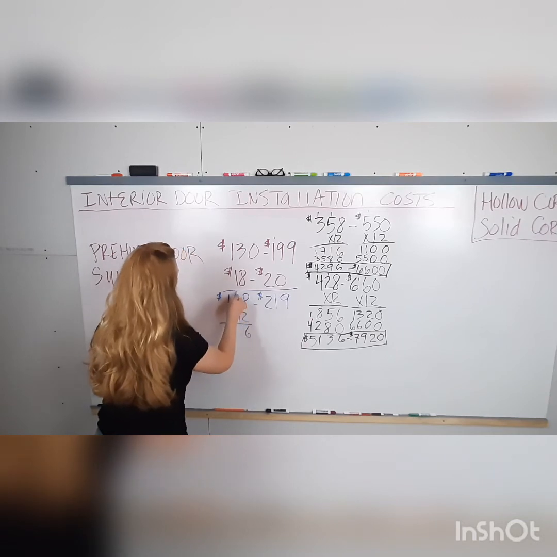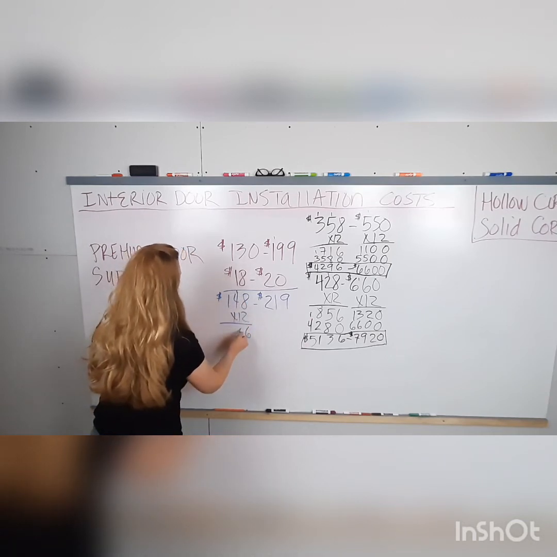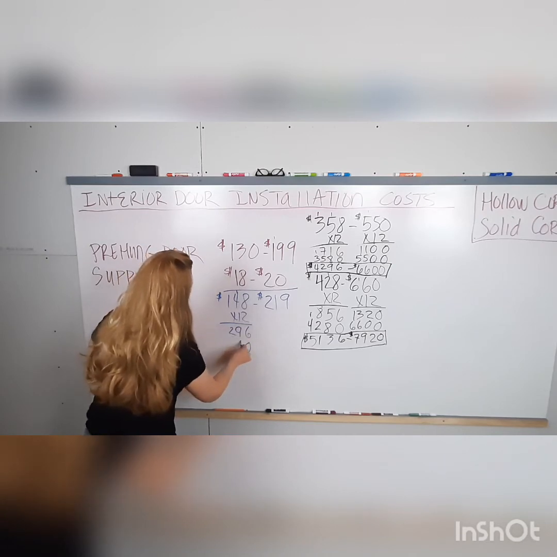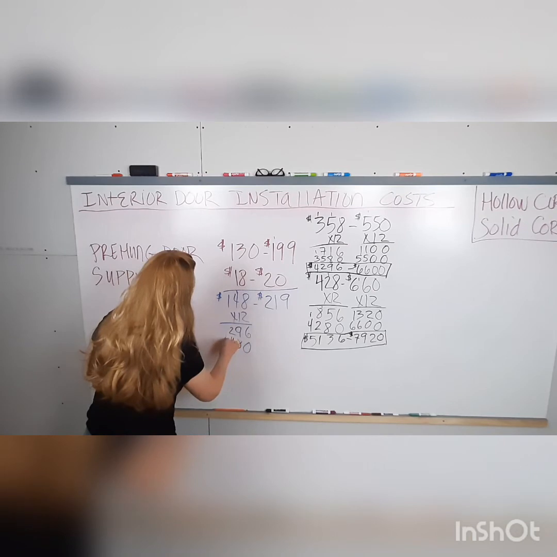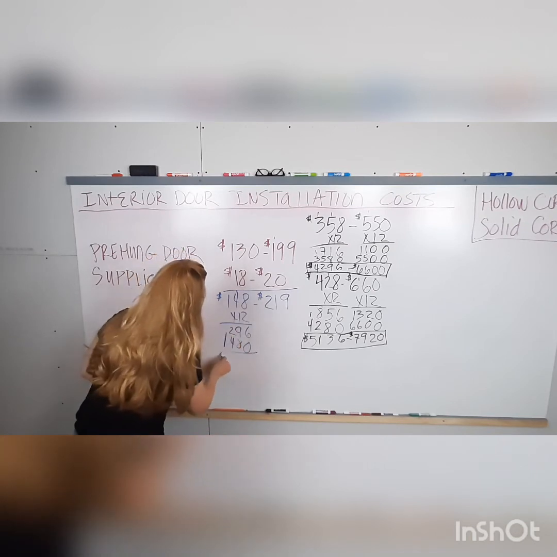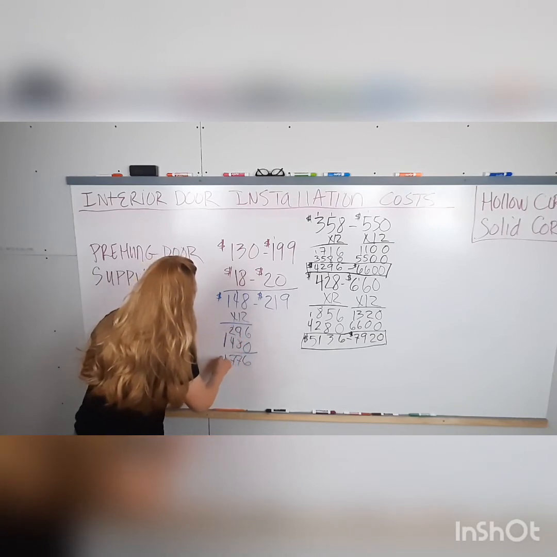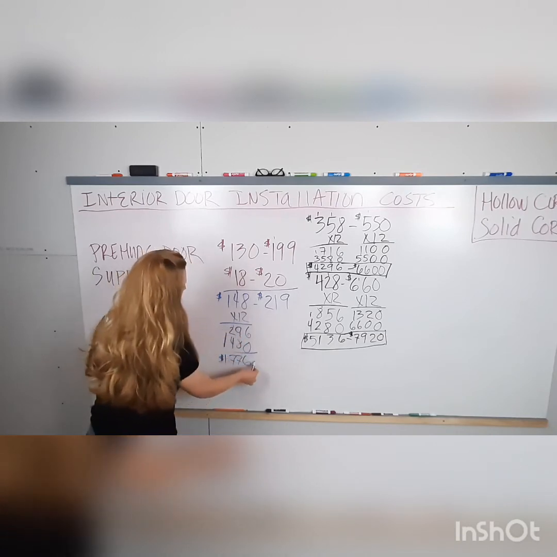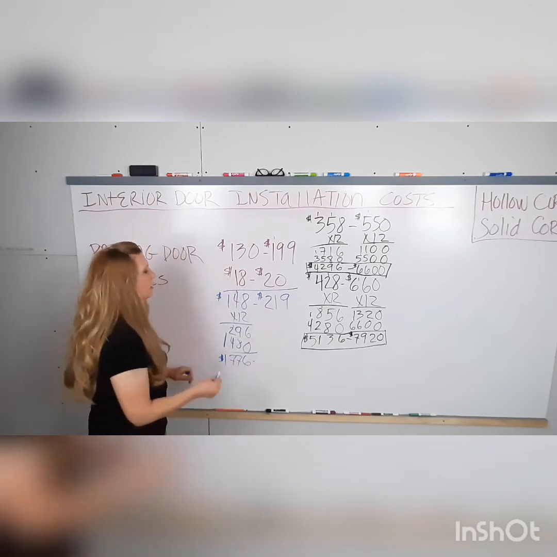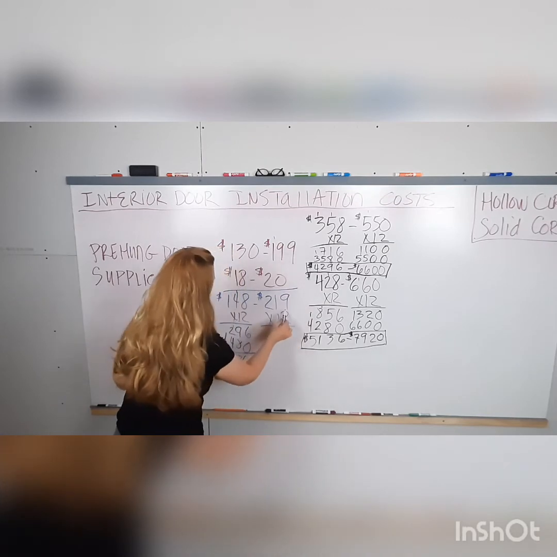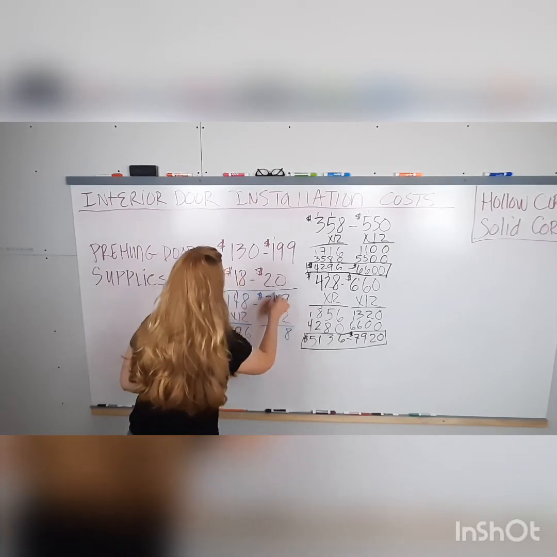So $148 times 12 is $1,776 on our low end. Now let's take the $219 times 12 for my number of doors.